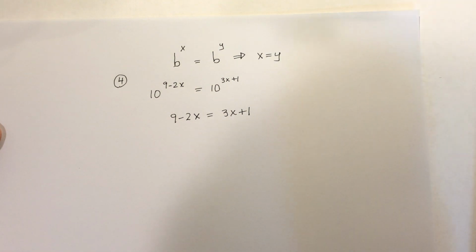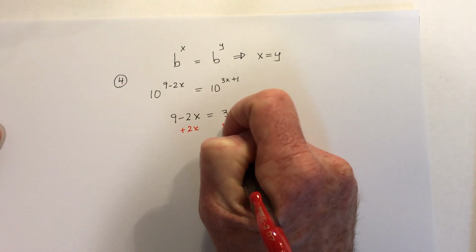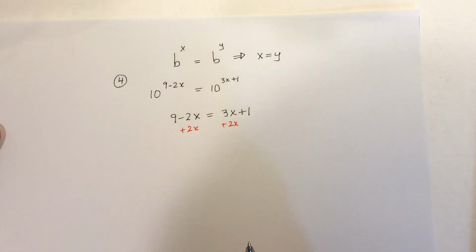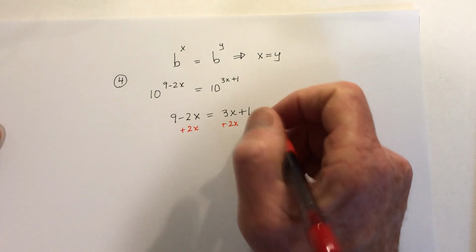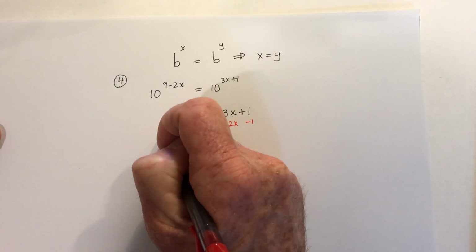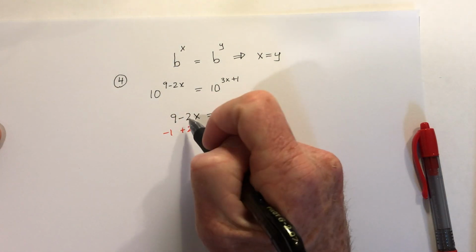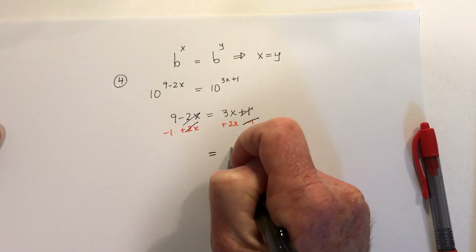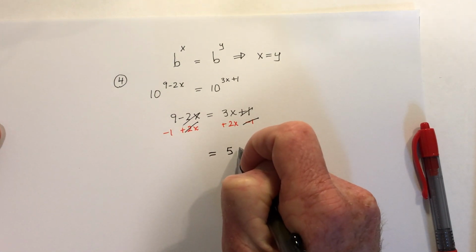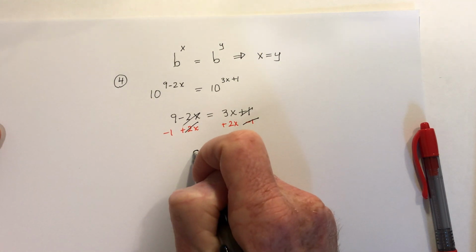And then I can collect the x's on one side, so I'm going to add 2x to each side. And I'm going to take the 1 and put it over on the other side. So also subtract 1 and subtract 1. So these are going to cancel and these are going to cancel. So that means on the right side we're just left with 5x. And 9 minus 1 is 8.